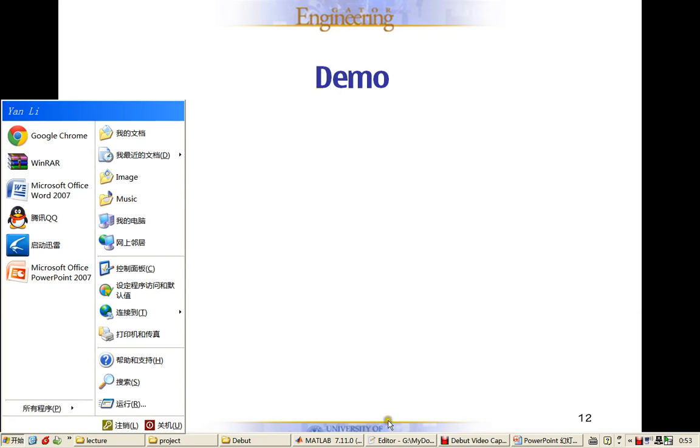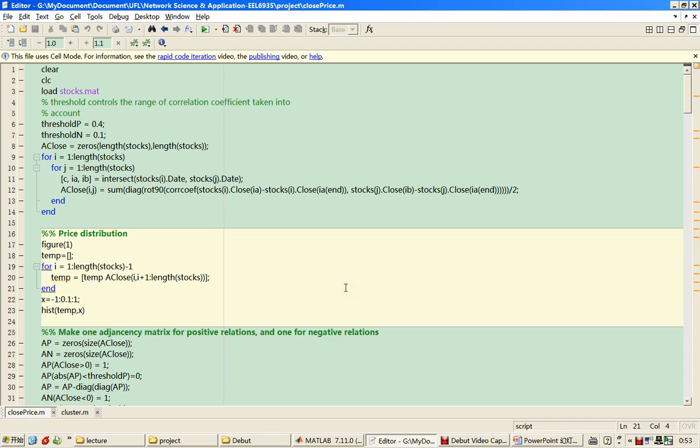And next, I'm going to demo my program. My program is based on the close price of the stocks. As we can see, it consists of several parts.